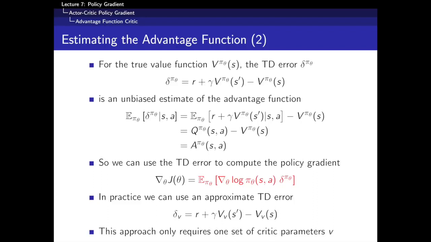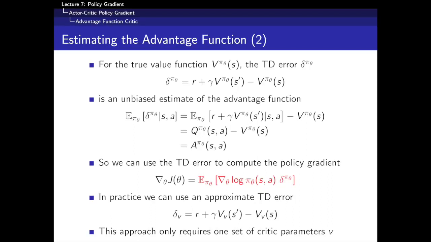Now, we can take the expectation of this whole thing. We can say, well, what's the expected TD error? The expected TD error is the expected reward plus discounted value at the next state minus the value of the state I was in. The expectation doesn't affect the last term because there's no random variable in there. S is what we're conditioning on.